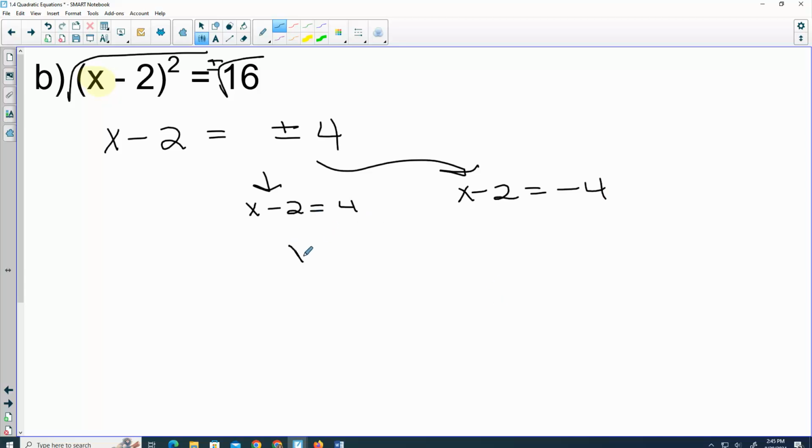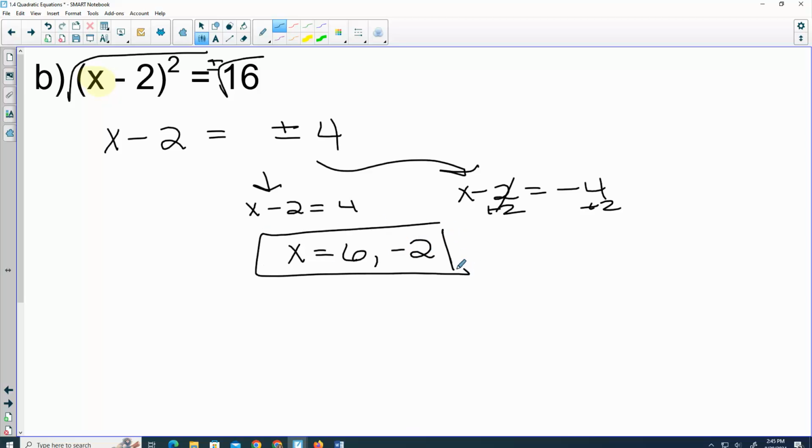So if I add my 2 over, x would be 6, but if I add it over here, we get negative 2. So you do need to separate those so that you can get 2 like terms. We had to do 2 plus 4 and 2 minus 4 is another way of thinking about it. Any questions on that?